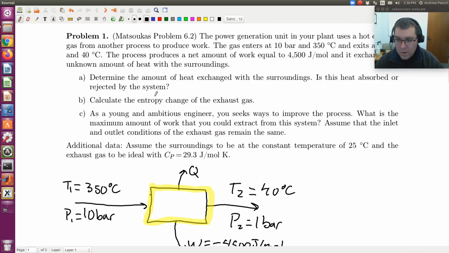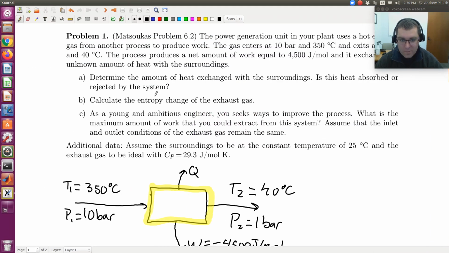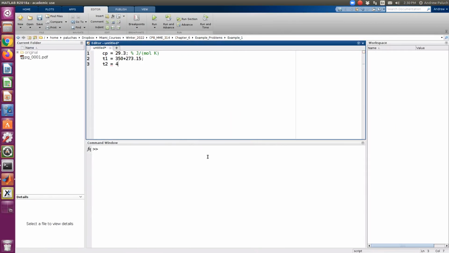So T1 is 350 degrees C. I'm going to go ahead and convert it to Kelvin by adding 273.15. Since I have a difference in temperatures, it doesn't matter if I use Kelvin or degrees C, but I'm going to convert to Kelvin just in case, for the next problem, if I have a ratio of temperatures, making sure that I've got things converted into absolute units and I'm ready to go.